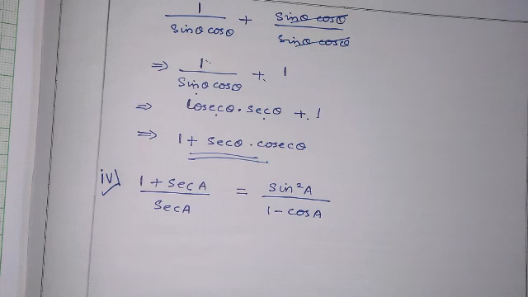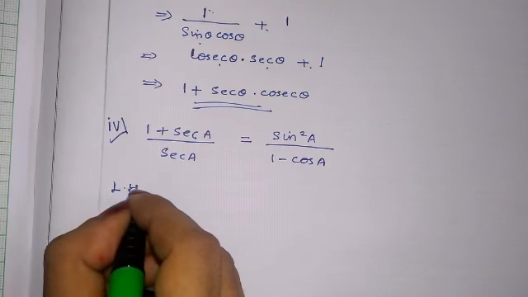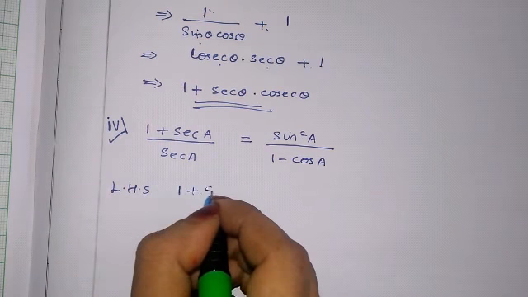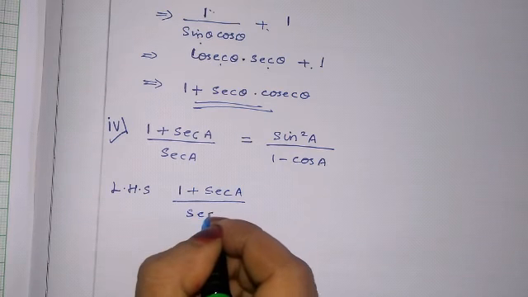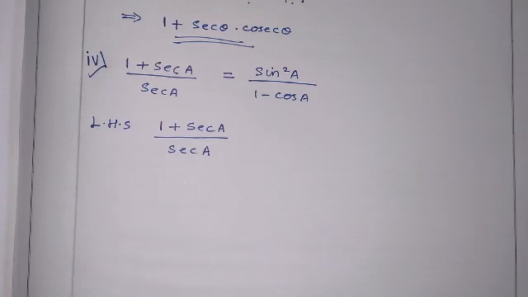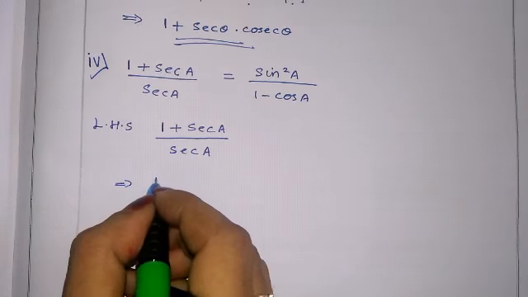How we will do that? LHS is equal to RHS now. Let us start solving. First I'll take LHS. LHS is equal to 1 plus sec a upon sec a. We will solve this first. I'll keep 1.